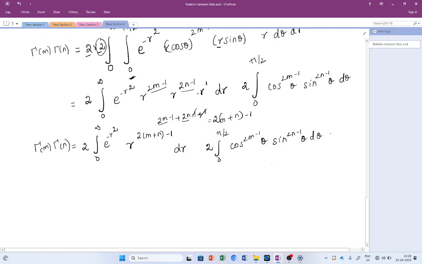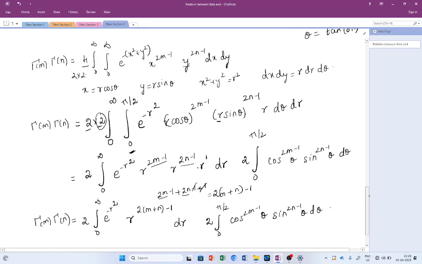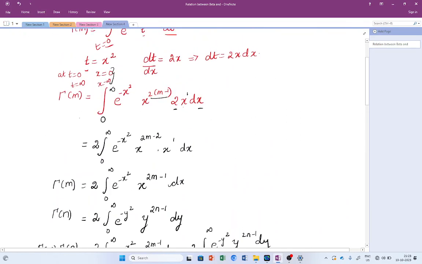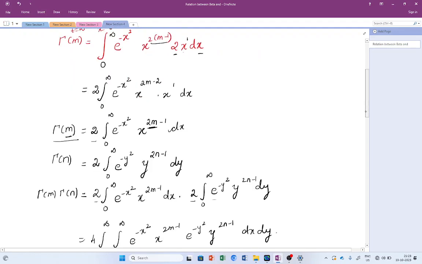Now, as I told you, when we recall the very first definition I told you to remember, you can see that gamma of m can be written as twice integral 0 to infinity e power minus x square, and if I'm having m, it should be x to the power 2m minus 1. It's the same here.